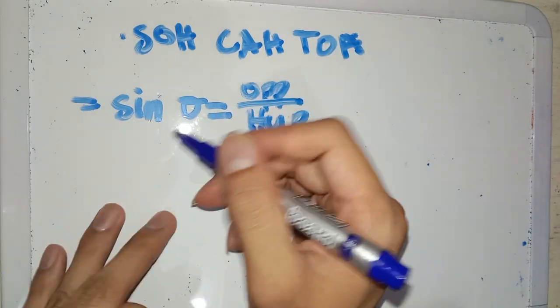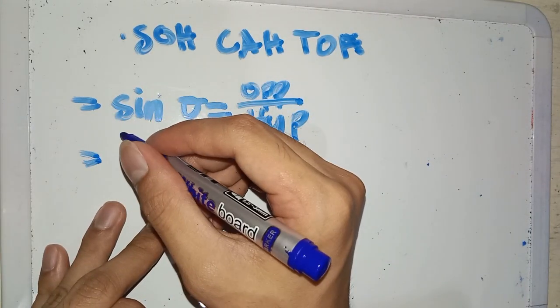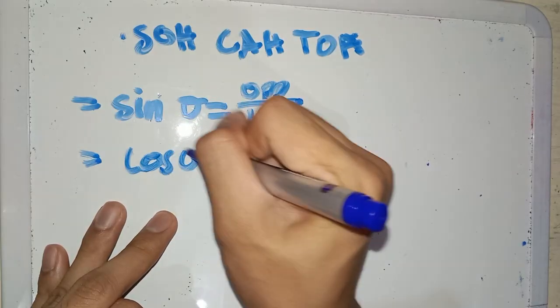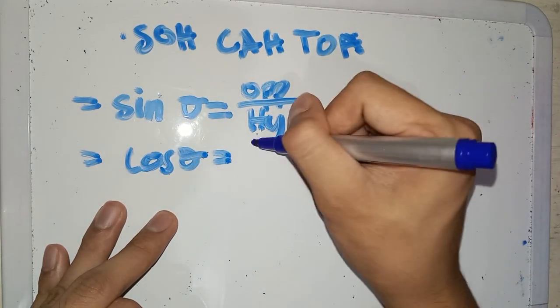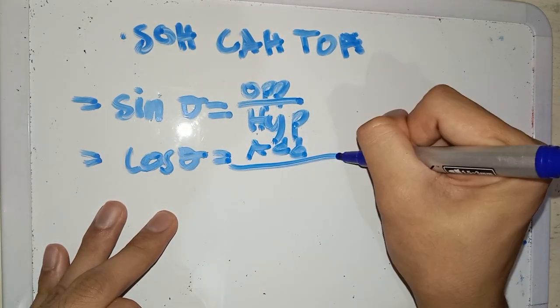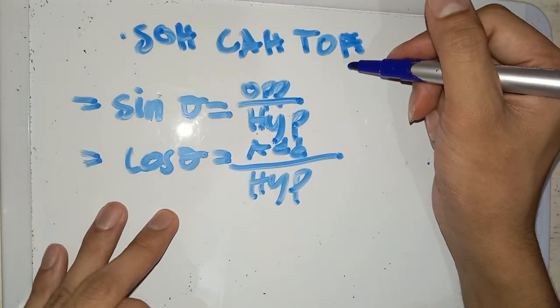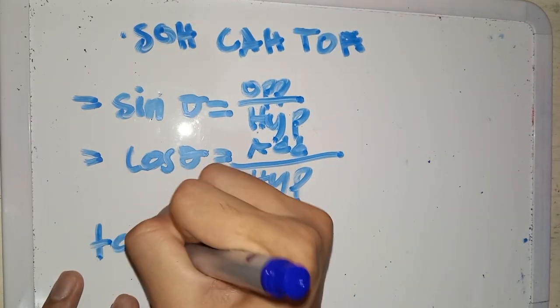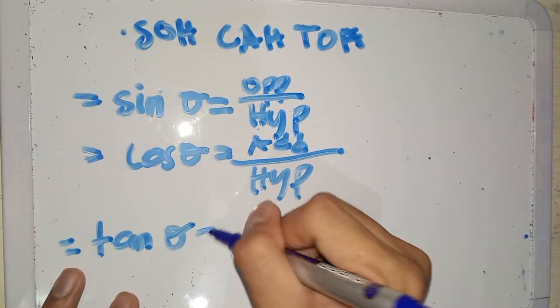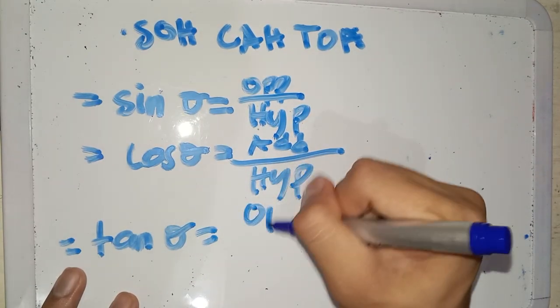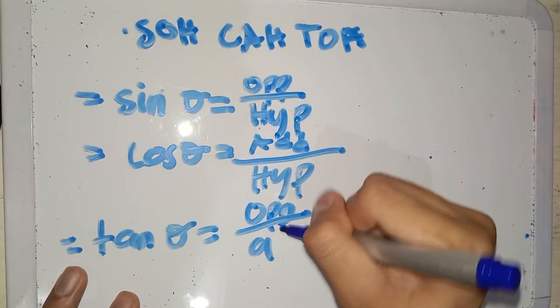CAH is cosine theta is equal to adjacent over hypotenuse. The last one is TOA: tan theta is equal to opposite over adjacent.